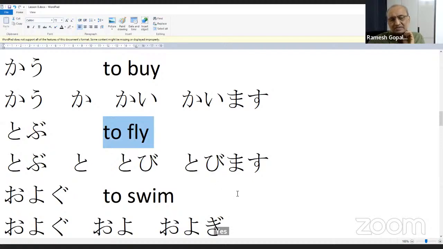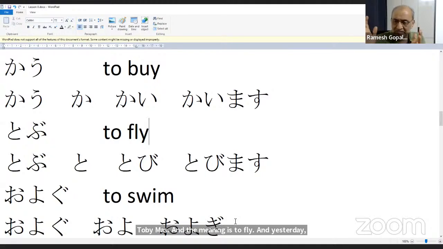And yesterday, remember I told you, when we did the counters, I was telling you about the counter for birds. I said wa is for birds, and I told you about rabbit. Usagi, yes, rabbit. But you know something? There's another thing here. For many things, Japanese has very limited number of words.